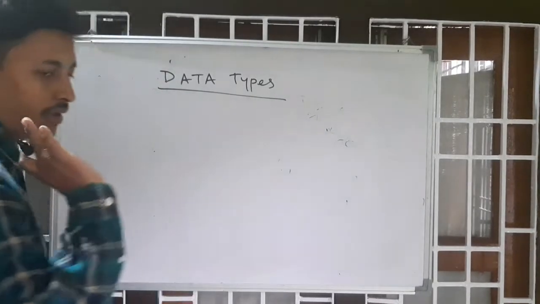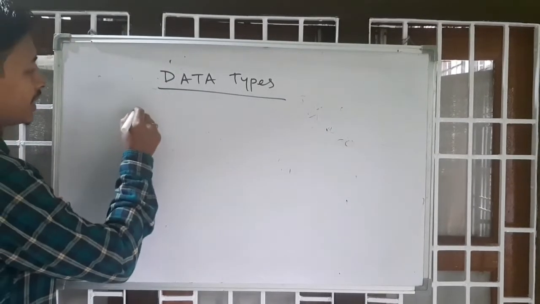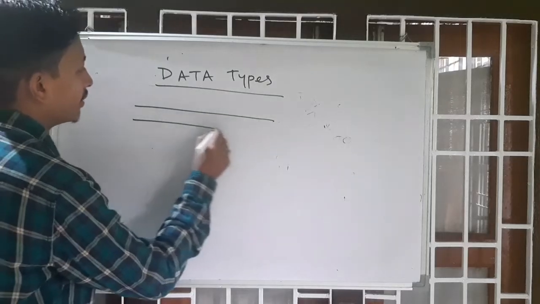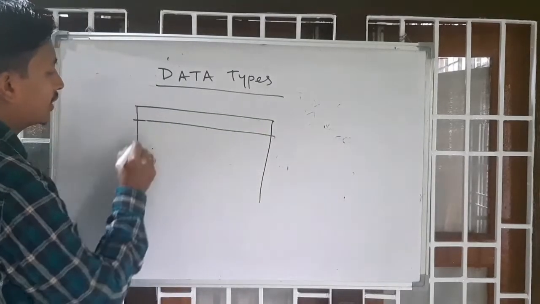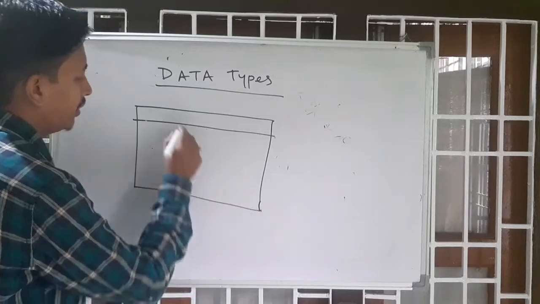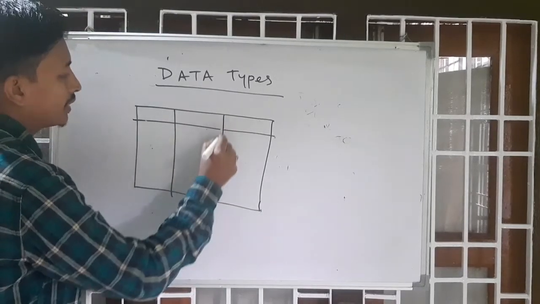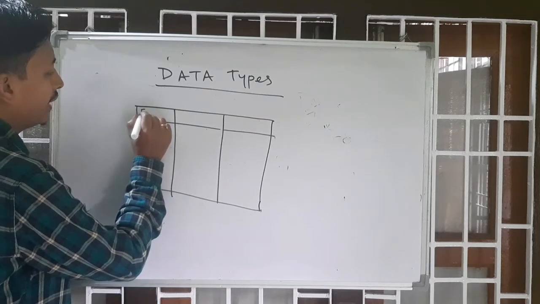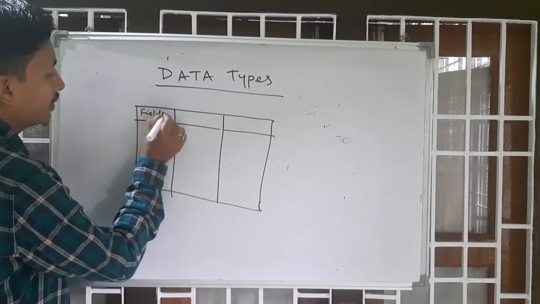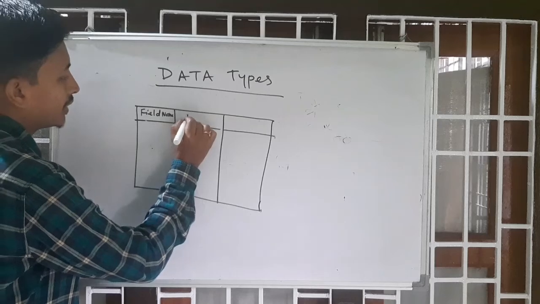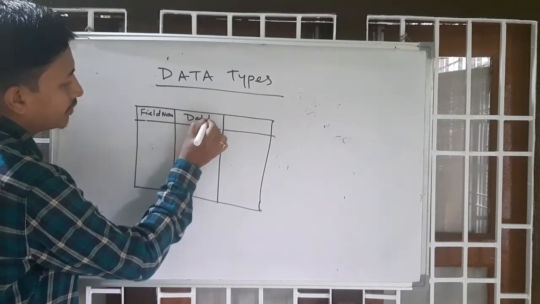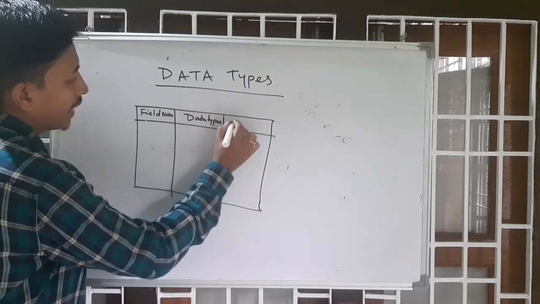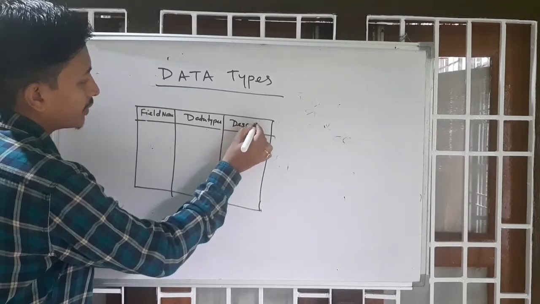For example, this is a table, say a student table. First here, field name, data types, and description.